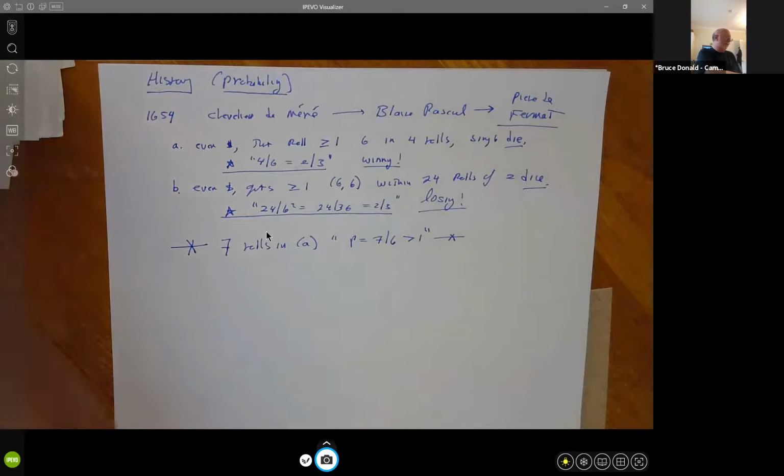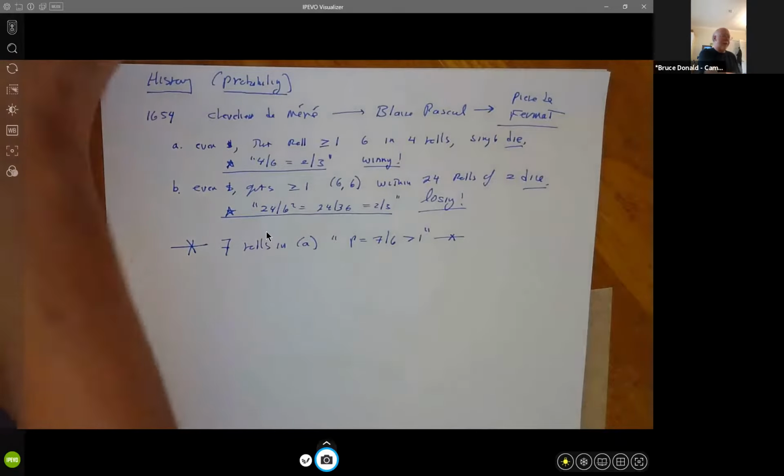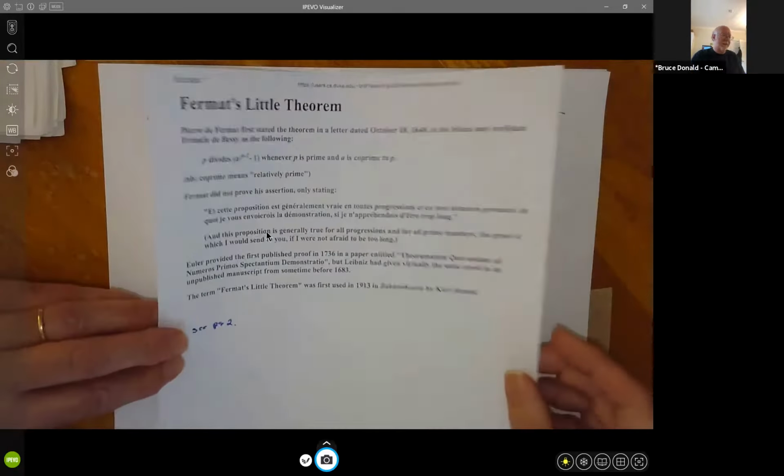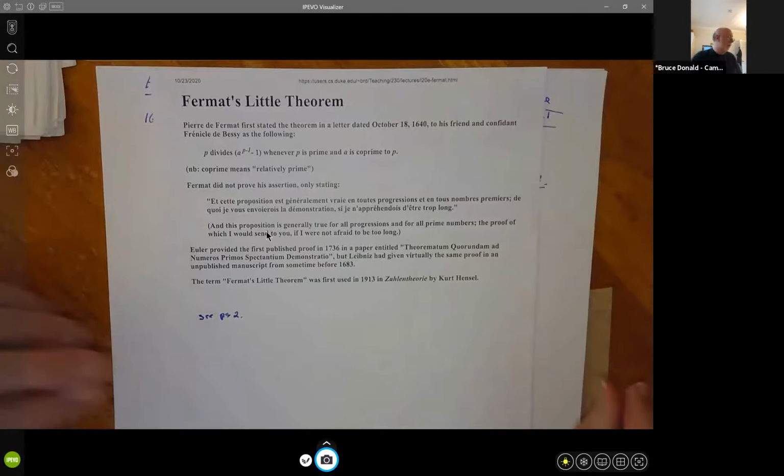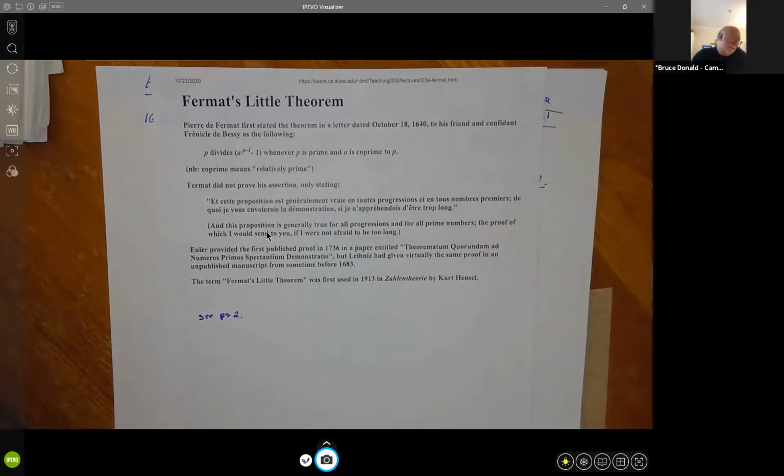Finally, let's do a little mathematical culture here. Fermat's a pretty famous guy. You've actually already encountered him in problem set 2, Fermat's little theorem, which we used there. One thing you might not know is how he argued for this.